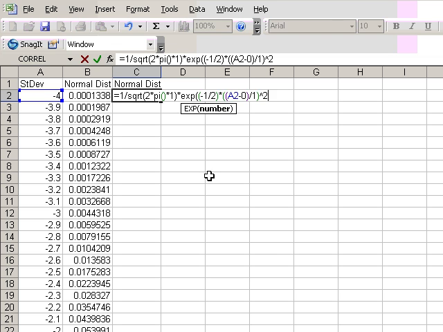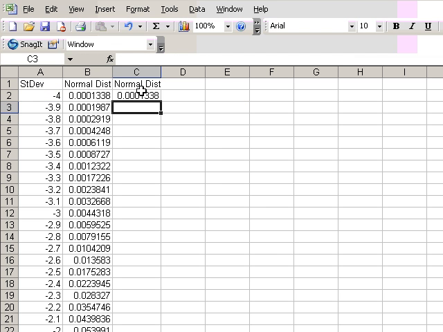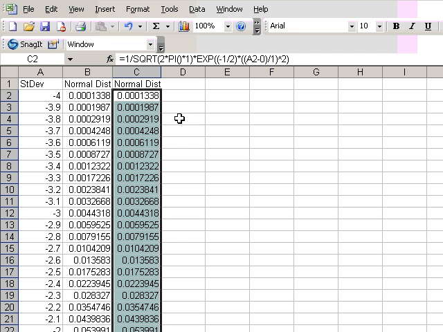And when we hit enter, we get the same value that we got using the NORM.DIST function. And if we click this all the way down, we see that we have generated exactly the same values that we got using the NORM.DIST function.